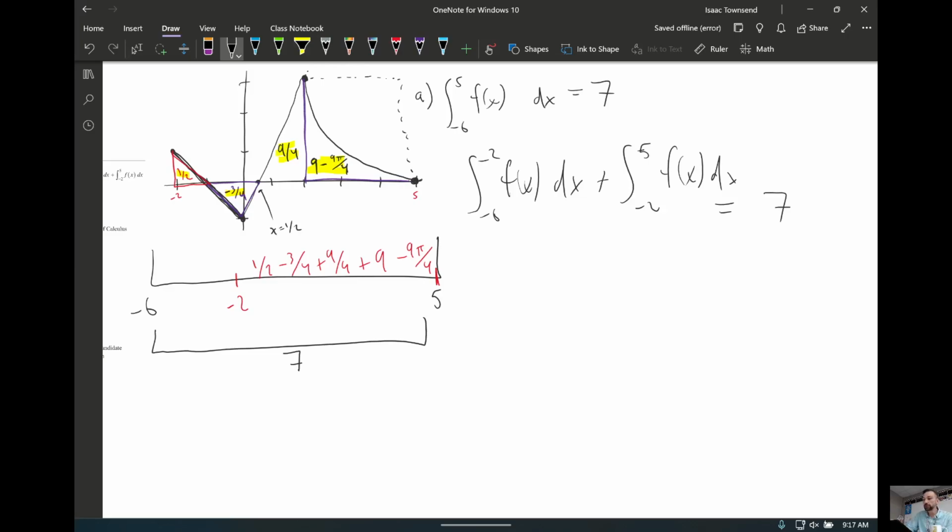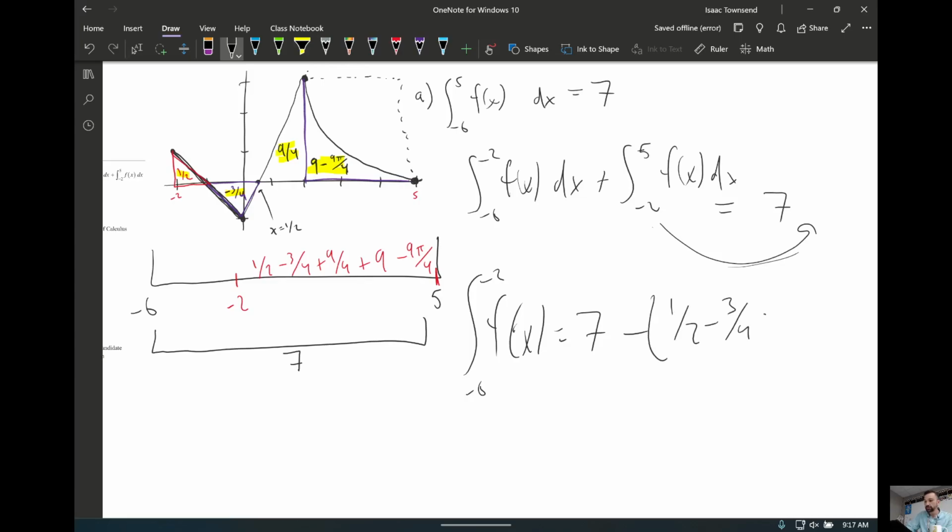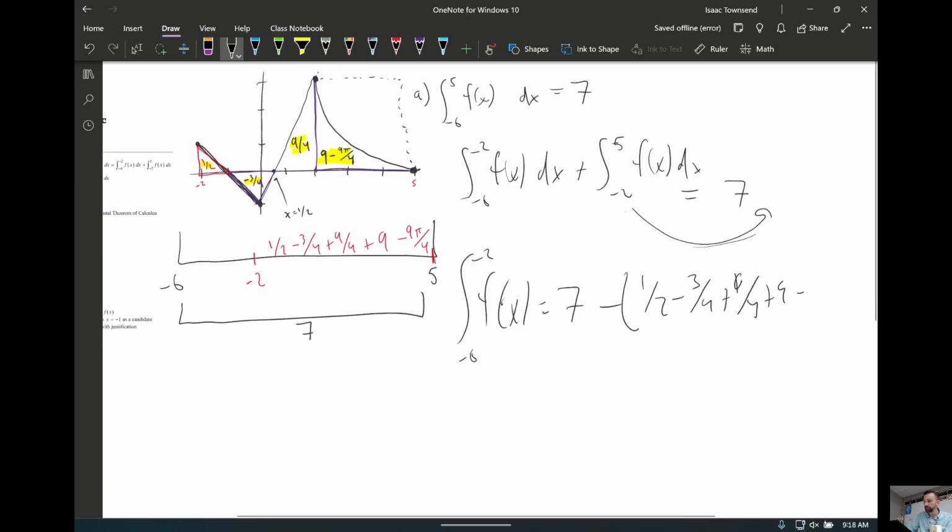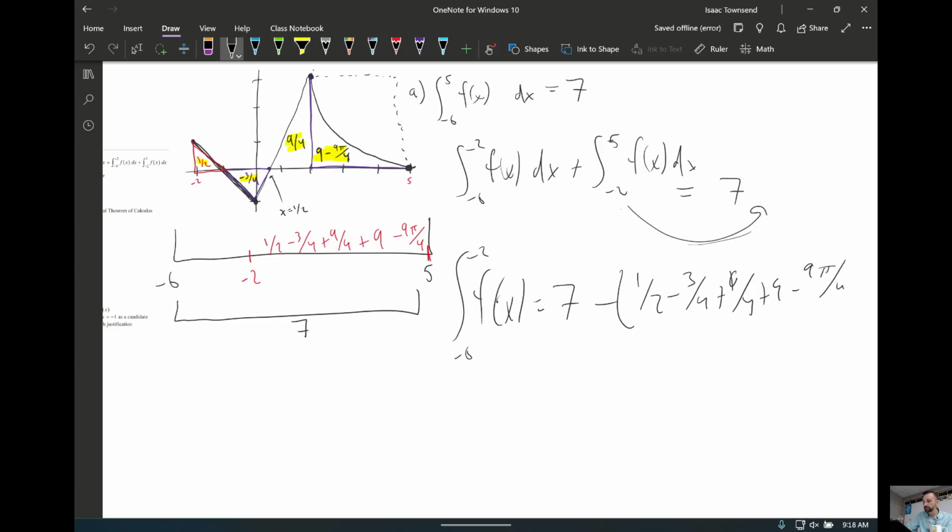What we were trying to find was this, so you can subtract this over, just like you're solving an equation. And the answer to part A is 7 minus this, which is all of this junk: 1/2 minus 3/4 plus 9/4 plus 9 minus 9 pi over 4. Again, I have no interest in simplifying that because it's all arithmetic.